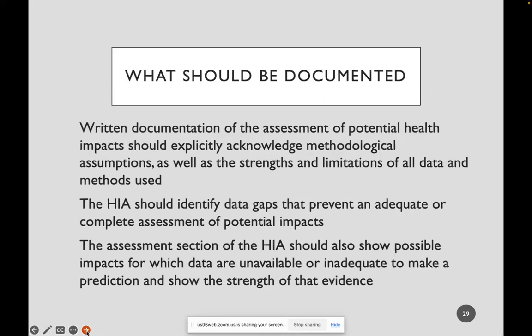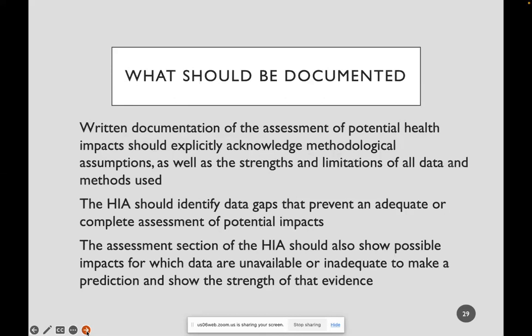Making sure that if you have brought to light data gaps or gaps in being able to assess something, maybe the indicators aren't at the correct level of granularity. I talked about, you know, census tract level versus citywide level versus neighborhood level, right? What are those data gaps that need to be filled before you could do a more robust, or the next person who comes along and works in this community could do a more robust analysis.